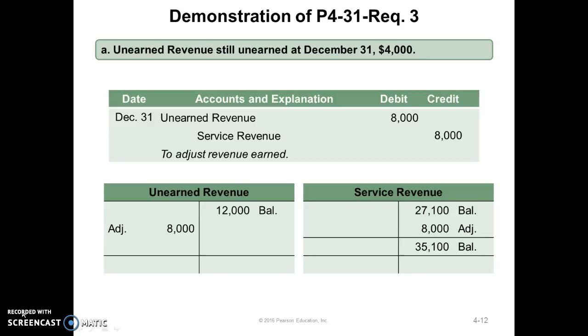Also, now that we've actually earned the revenue, we have to make an adjustment to service revenue. Service revenue had a beginning balance of $27,100. When we add the $8,000 of service revenue that we have now earned, the new service revenue balance is $35,100 credit, because we all know that revenue is a credit, right, guys?